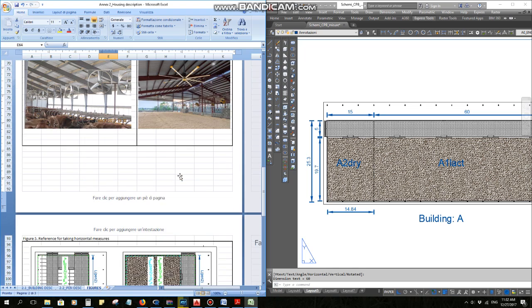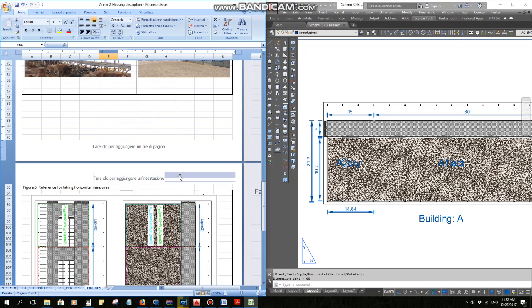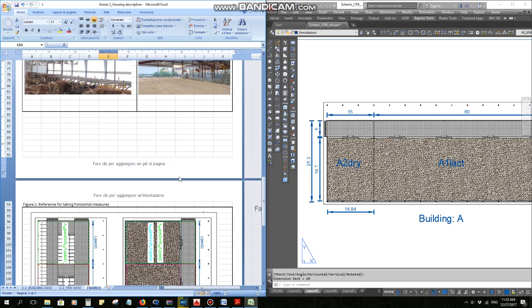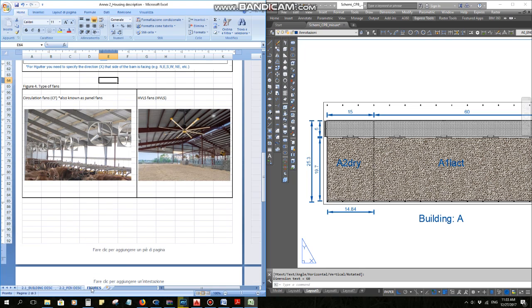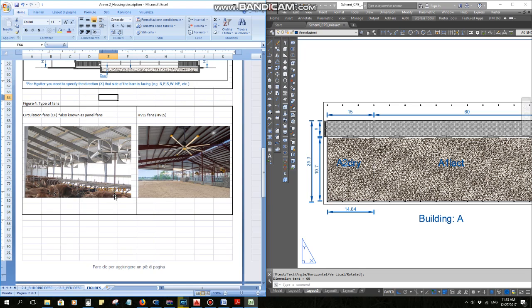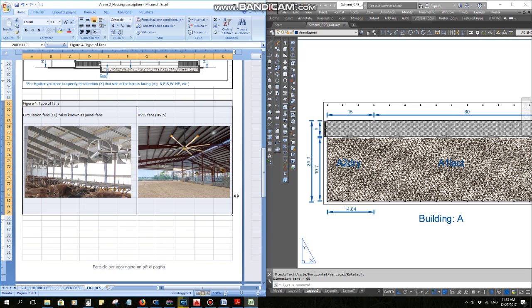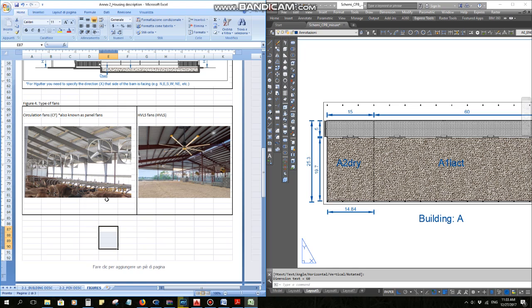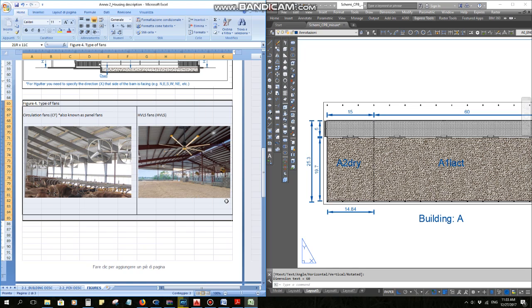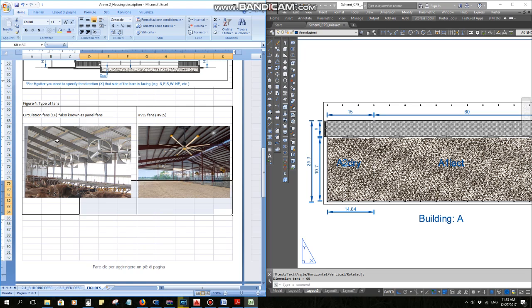I have reported some explanatory pictures in sheet 3 of this Excel file. As you can see here, figure 4, this regards the type of fans that are installed. There might be other kinds of fans, but these two are the most widespread, at least in my experience.